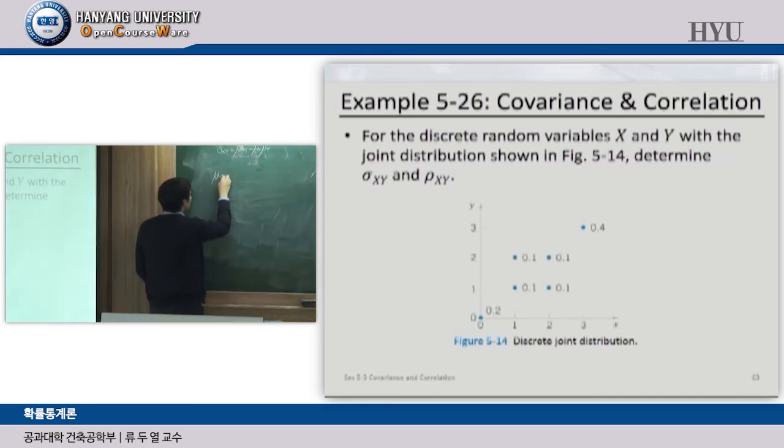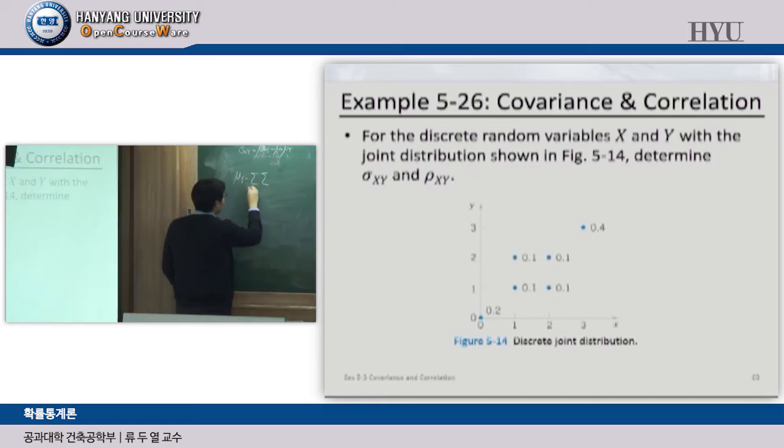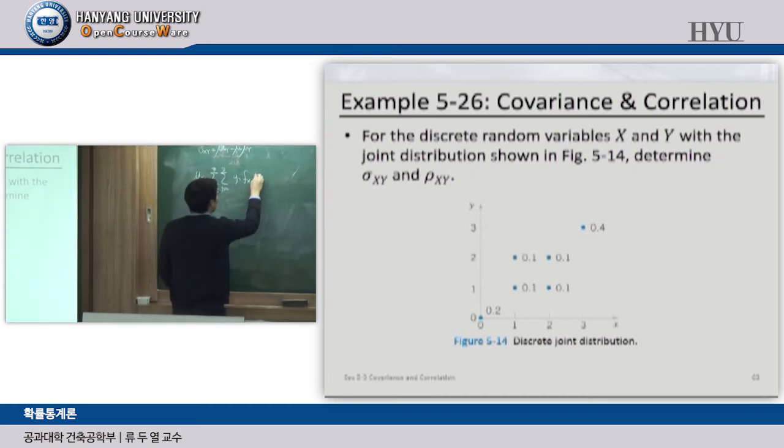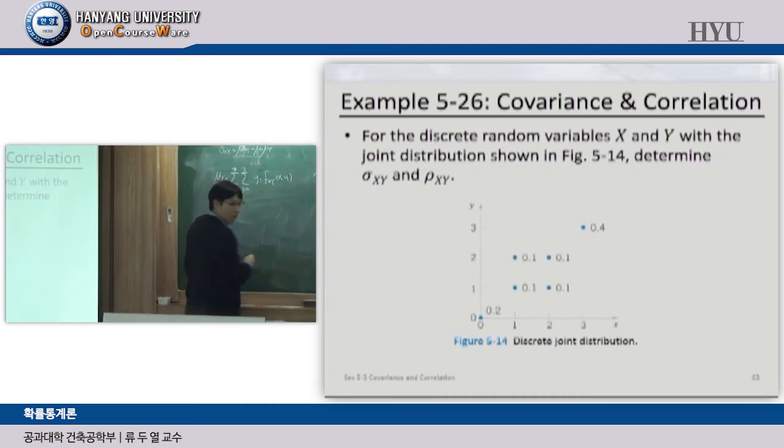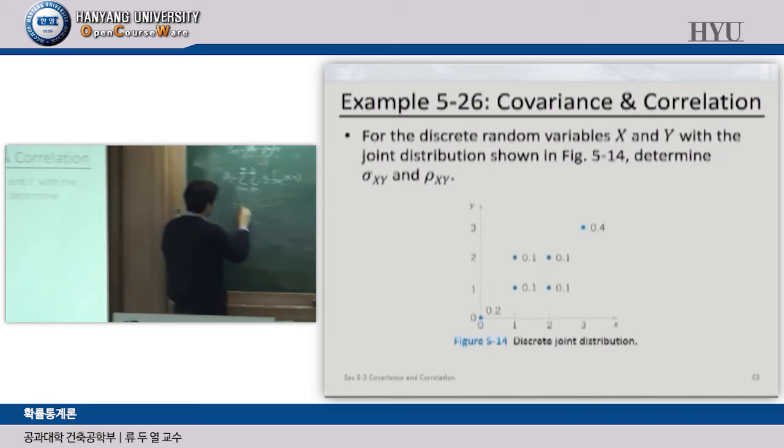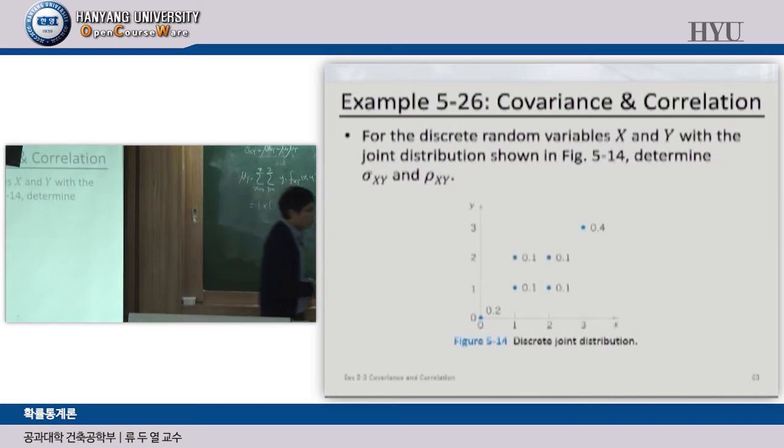And mu y is equal to also the double summation, x from 0 to 3 and y from 0 to 3, of y times fxy of x comma y. When y is equal to 1, we have two probabilities, 0.1 and 0.1 here.